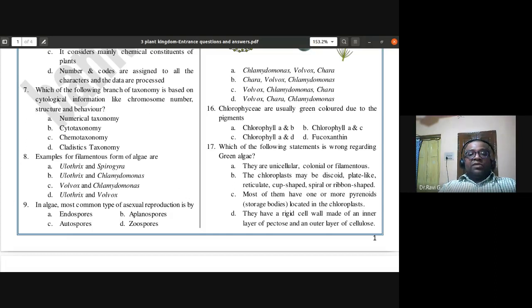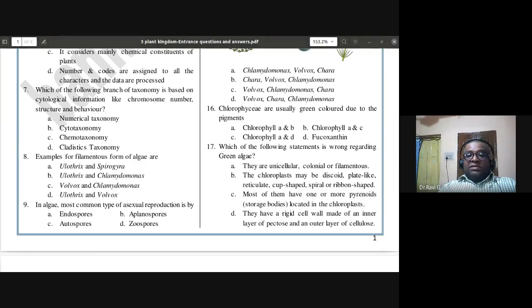17th one, which of the following statement is wrong regarding green algae? They are unicellular, colonial, or filamentous. So wrong statement means there is one wrong statement, three of them are correct. So we should identify that wrong statement. The chloroplast may be discoid, plate-like, reticulate, cup-shaped, spiral, or ribbon-shaped.